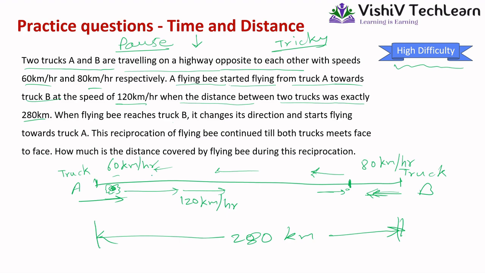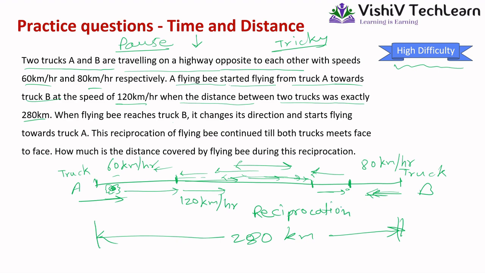When the flying bee reaches truck A, the truck A might have covered this distance, and when the flying bee reaches truck A, again it changes its direction and again starts flying towards truck B. Meanwhile, truck B might have covered this distance, and again when the flying bee reaches truck B, it again changes its direction and tries to fly towards truck A. So this we can call reciprocation.